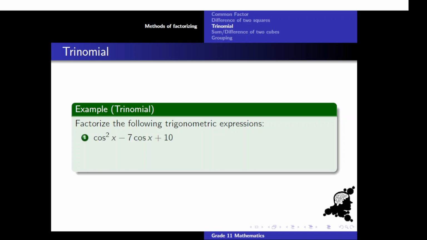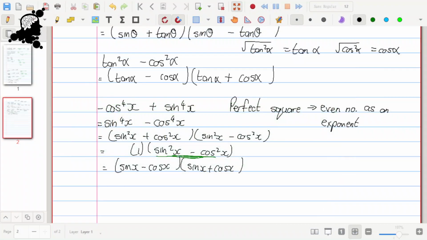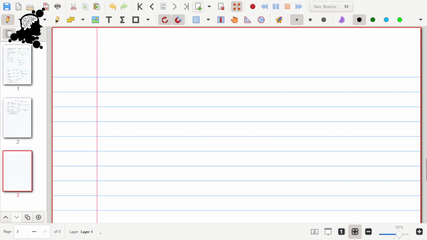So here we have an expression, cos squared x minus 7 cos x plus 10. Let's look at this one. So once again, let's open a new sheet of paper and let's copy down the question. So we have got cos squared x minus 7 cos x plus 10.